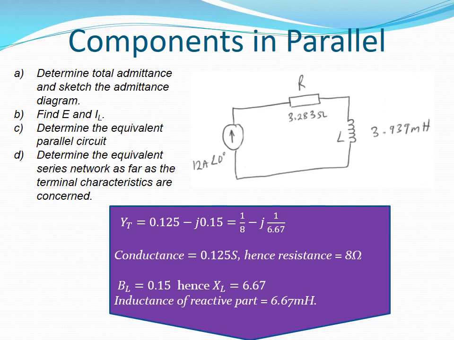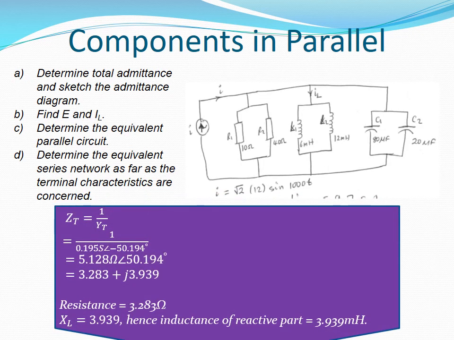The resistance is equal to the inverse of the real part and is therefore equal to 8 ohms. The reactance of the inductive part is equal to the inverse of the imaginary part and is therefore equal to 6.67 ohms. From the frequency and the value of the reactance, we obtain the inductance as being equal to 6.67 millihenries.